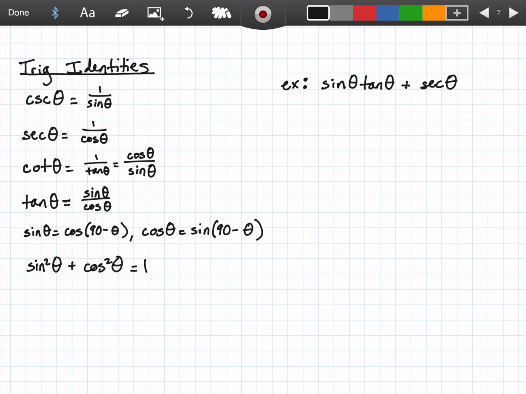So the first thing I like to do is just change everything in terms of sine and cosine. And I like to keep them as fractions. And secant I know is 1 over cosine. So let's see, that becomes sine squared theta over cosine plus 1 over cosine.